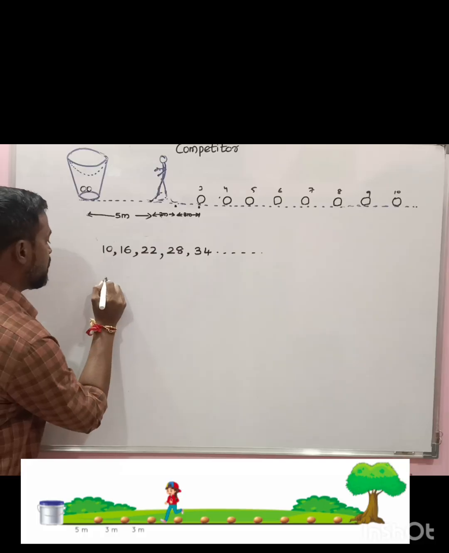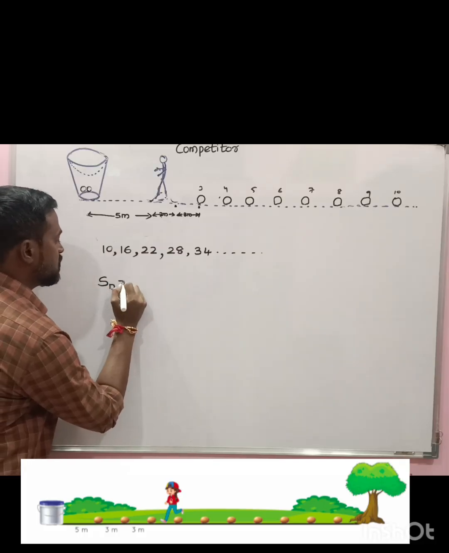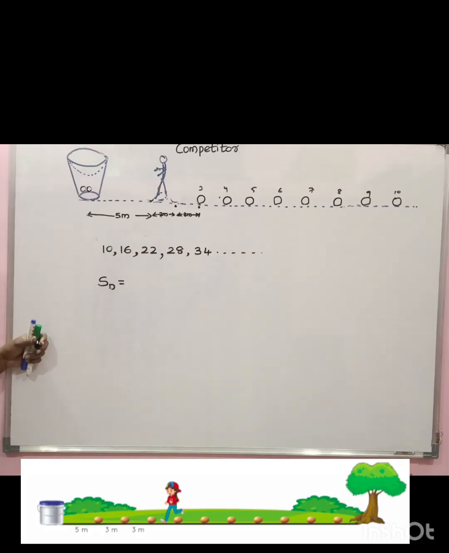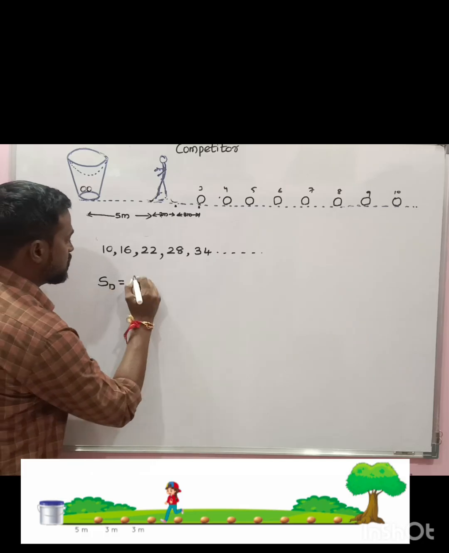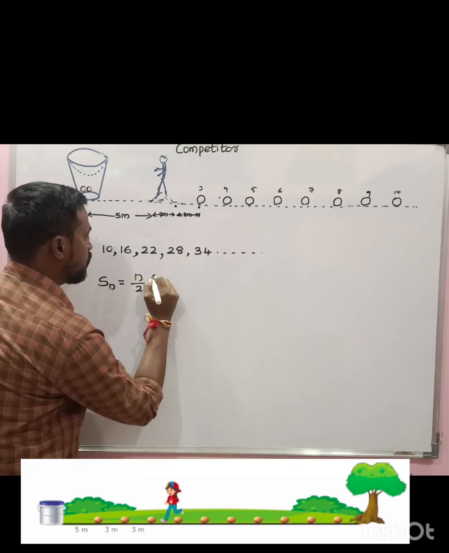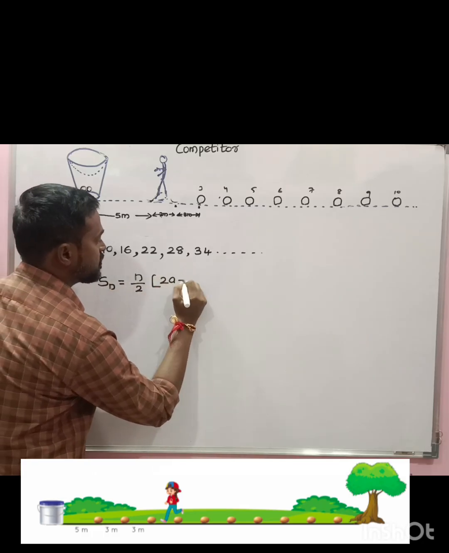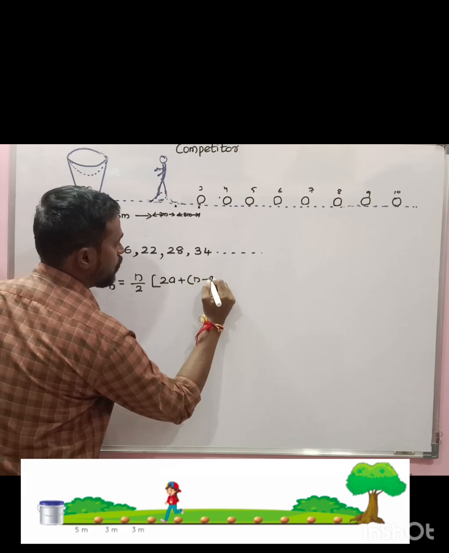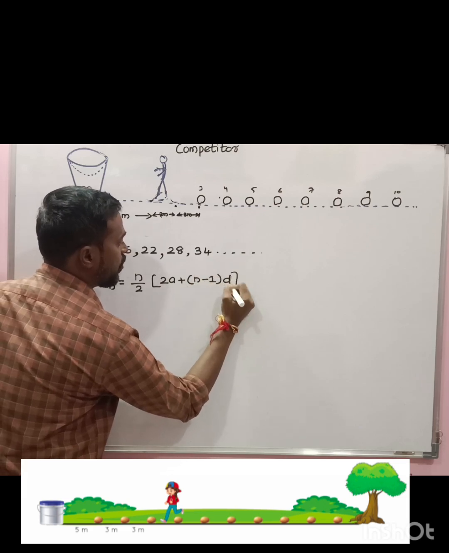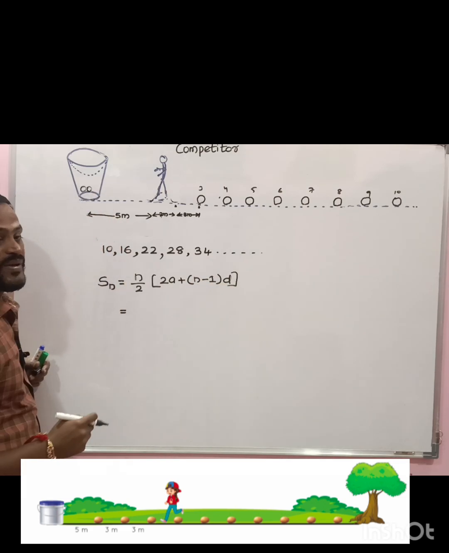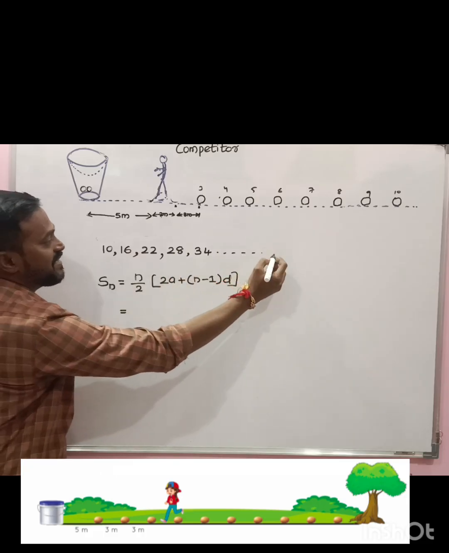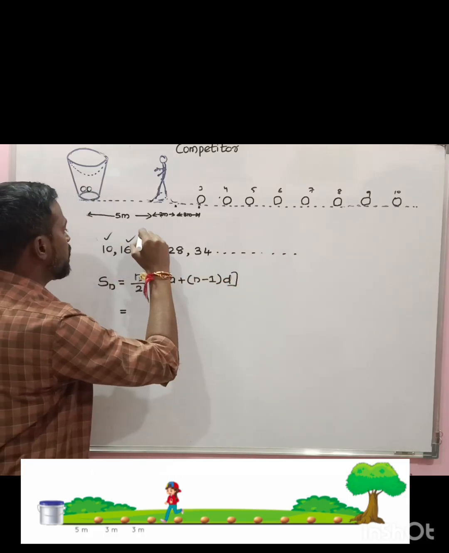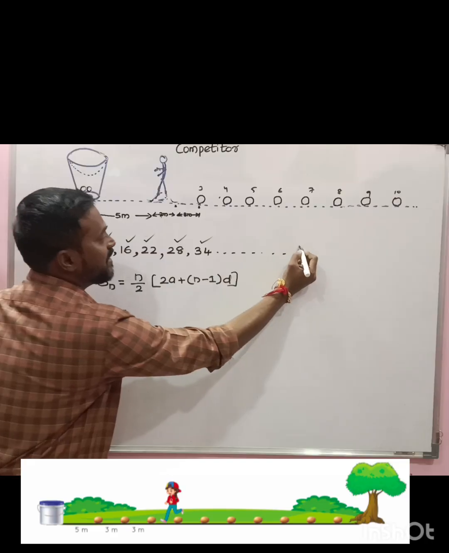The sum of the terms can be written as Sn equals n by 2 times 2a plus n minus 1 times d, the common difference. Now we know n, the number of terms in the arithmetic progression: first potato, second, third, fourth, fifth, similarly up to the 10th potato.